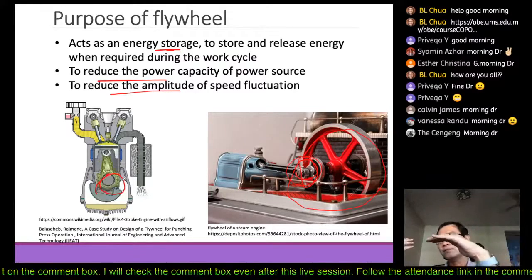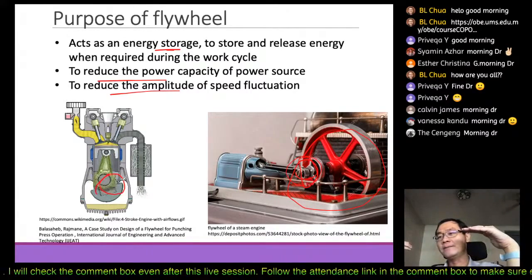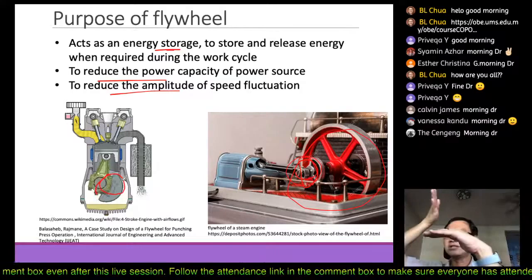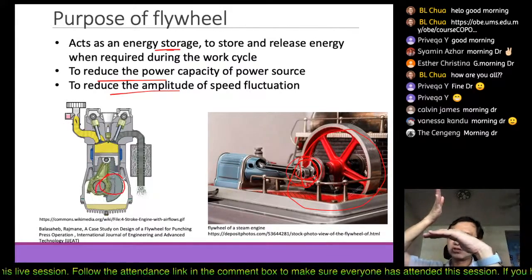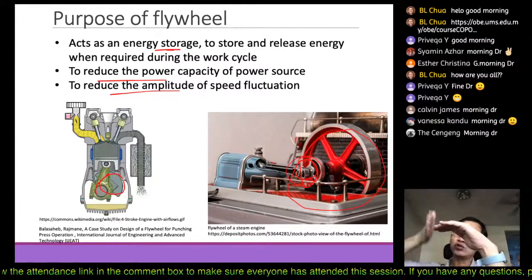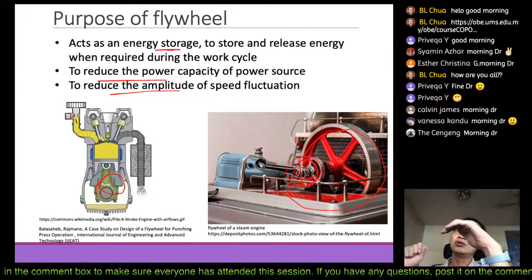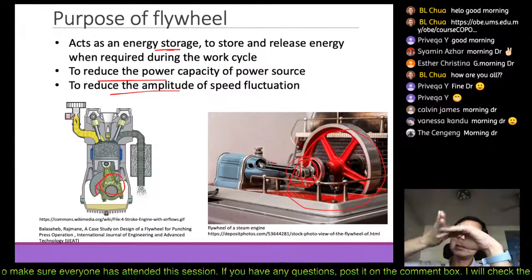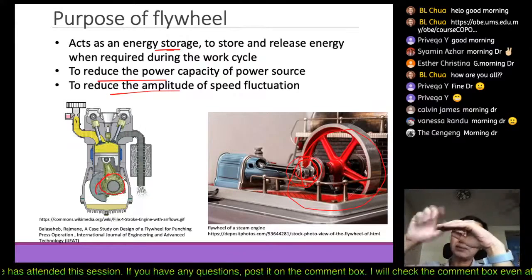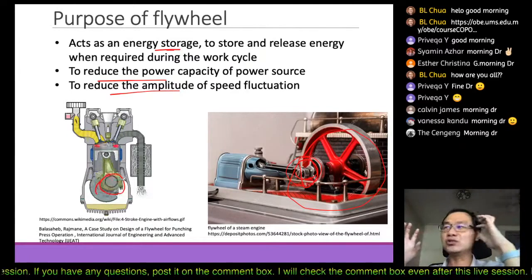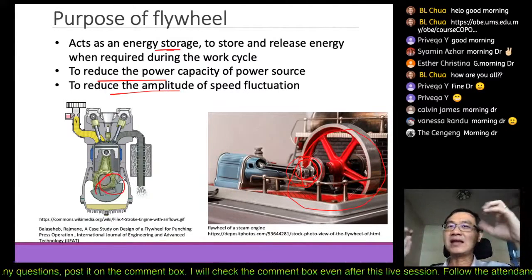So you put in your metal sheet, and this shearing machine will just drop and cut. To produce this high load to cut the metal, you need to store the energy in a flywheel.